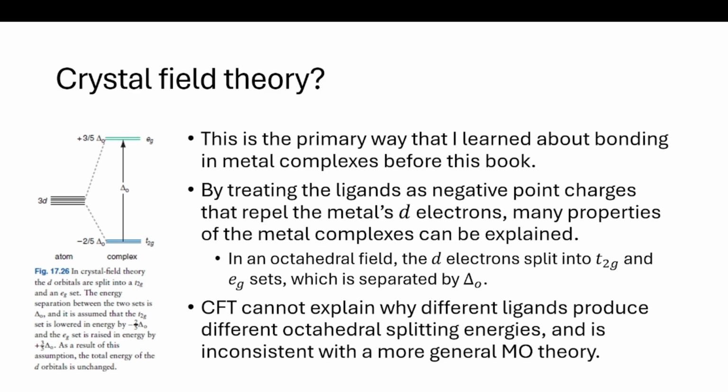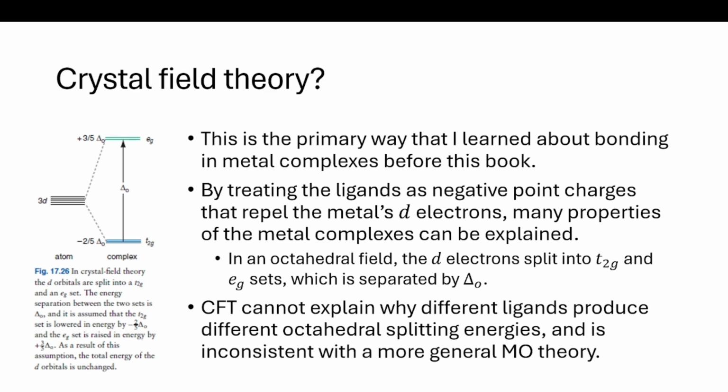But anyways, going on about crystal field theory, this is another way to describe metal bonding without having to go into molecular orbital theory. And in fact, if you're in the US, this is primarily how you're going to determine the bonding of electrons in metal complexes and how they affect physical properties instead of MO theory.